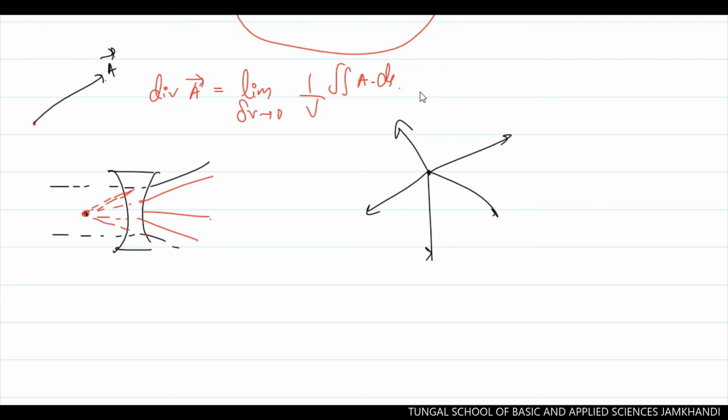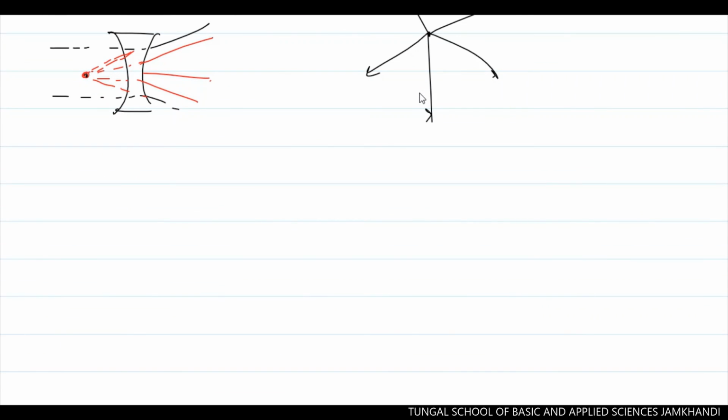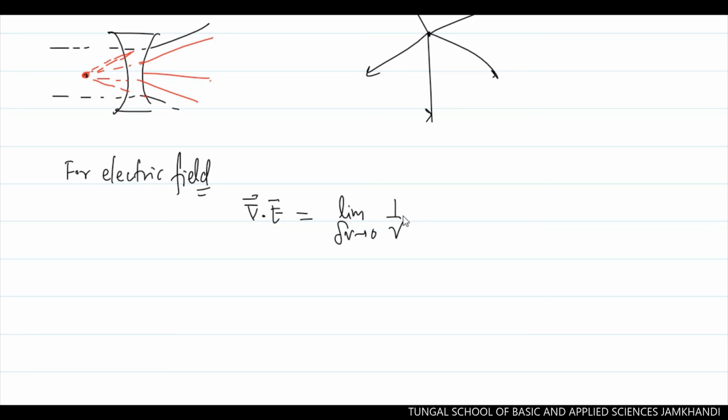For example, take the electric field. For electric fields, we define the divergence of an electric field, del dot E, always as the limit of delta V tending to 0 of 1 by V surface integral over E dot ds, because E dot ds is nothing but a flux.